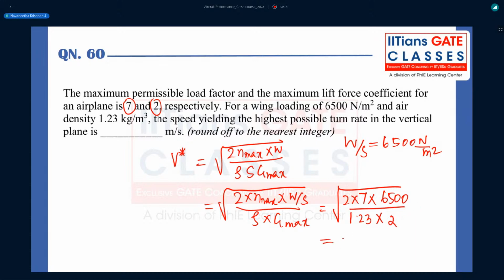Substituting that, I get the velocity as 192.333 meter per second. Round off to the nearest integer, that means it is 192 meters per second.